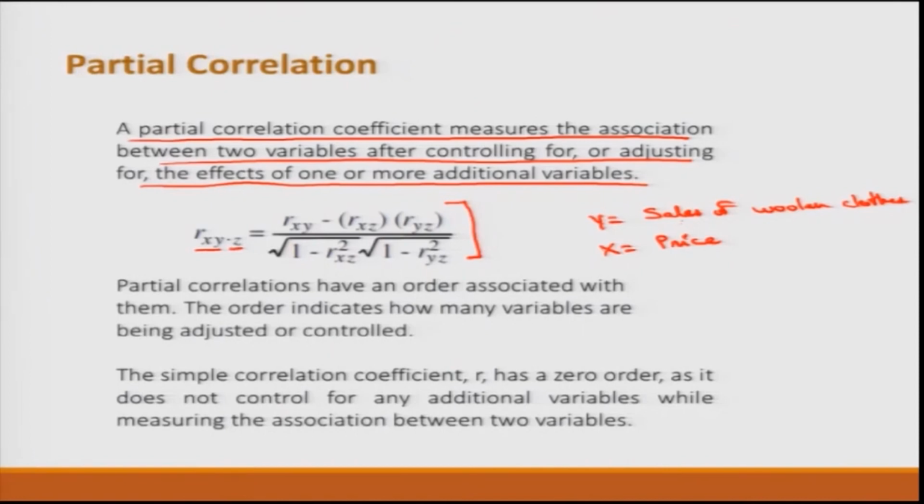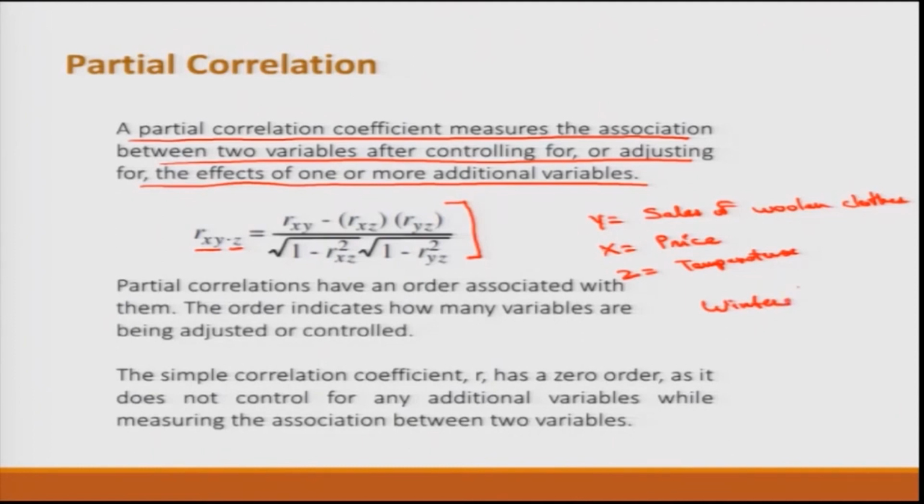Okay. But if I say the temperature or the weather is another variable here. So, when I see the correlation coefficient between or association between the sales of woolen clothes and price while controlling the variable temperature, I would see that at lower temperatures, that is in winters, the sales are high.